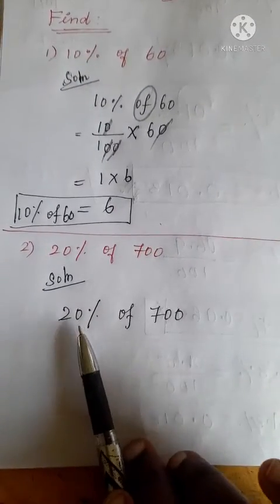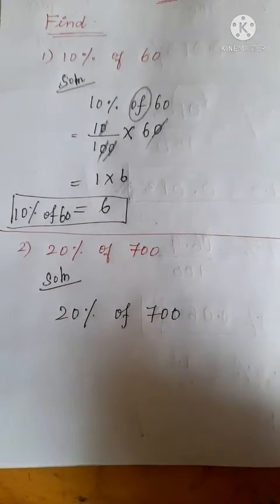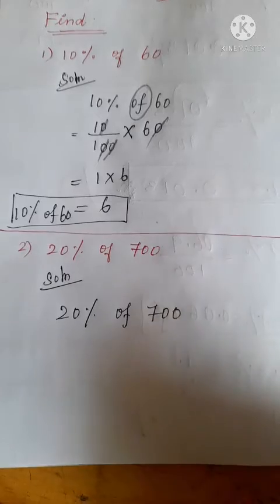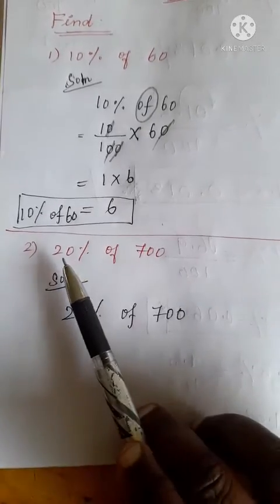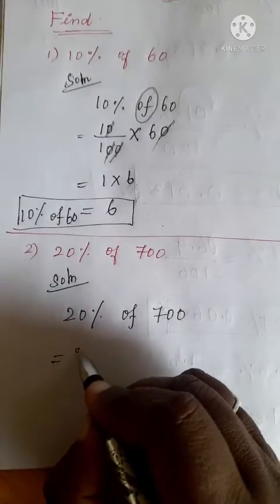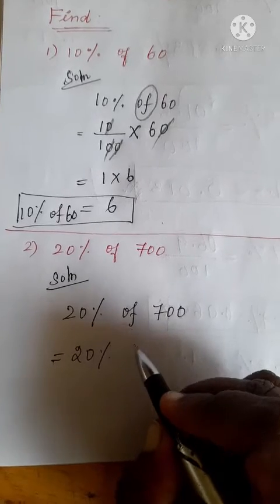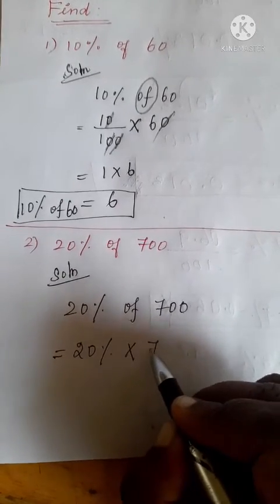Now 20% of one shirt they are telling means 20%, and what is the shirt amount? If you take an 800 rupees shirt, you can write 20% of 800. So 20% of, you need to put the multiplication symbol, 700.